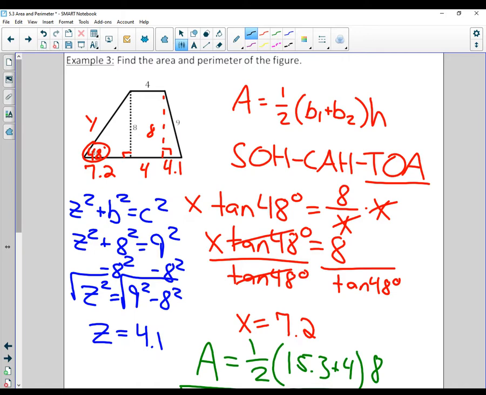How do I find this length? Should I bring a chair up here?